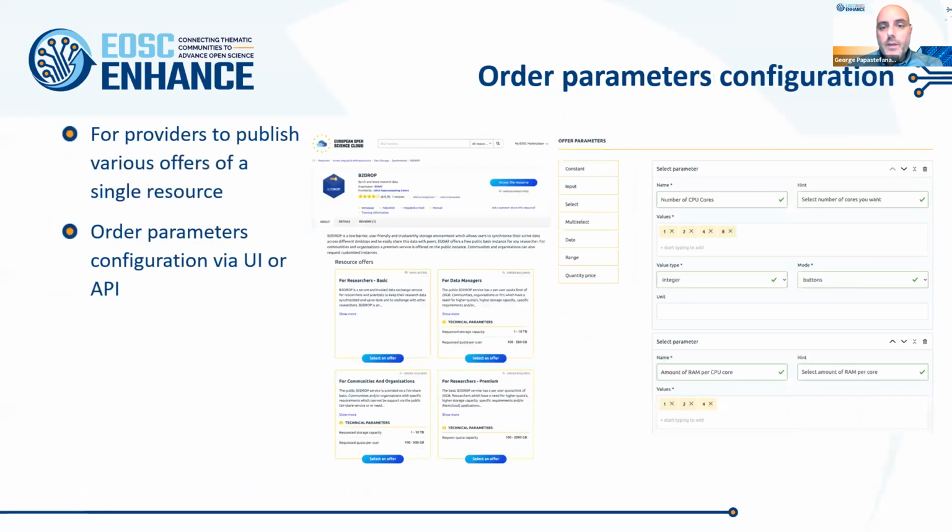For the ordering, you have the ability to identify and describe in detail the ordering items, the configuration of each resource, and how this can be ordered by users. You can publish various offers of a single resource and configure via the forms or via the API all these technical parameters.